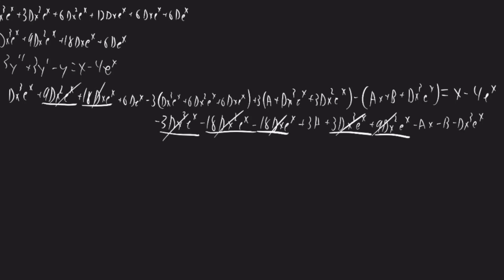They will cancel. We have this positive dx cubed e to the x, and this negative dx cubed e to the x. Those will also cancel. We're left with this 6d e to the x, this positive 3a, this negative ax, this negative b, and that will all be equal to x minus 4e to the x.